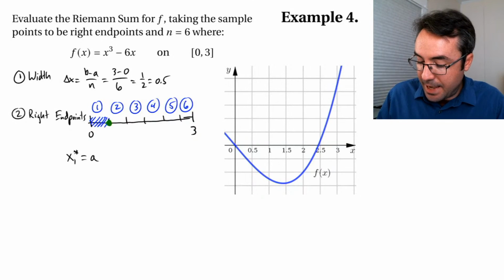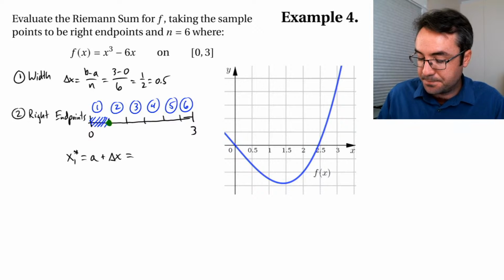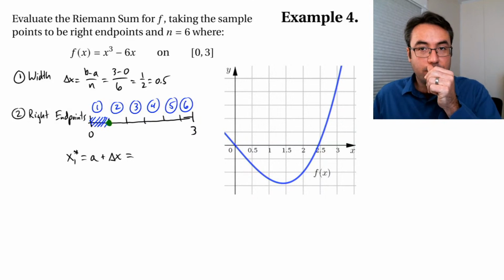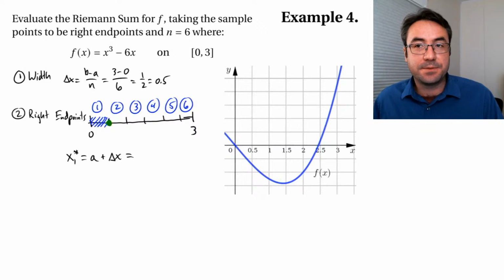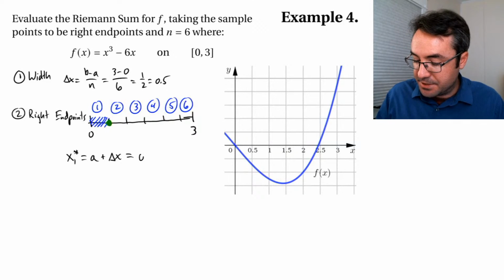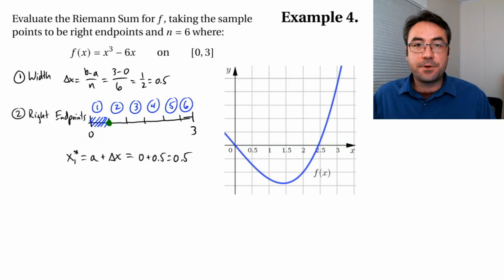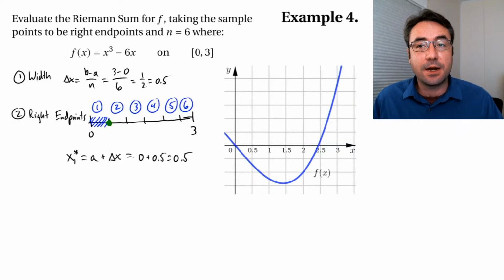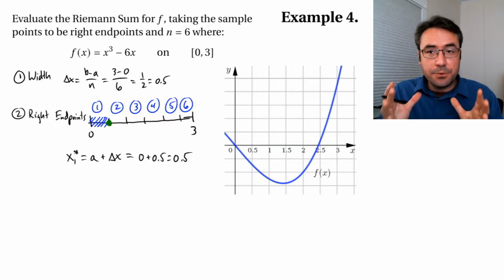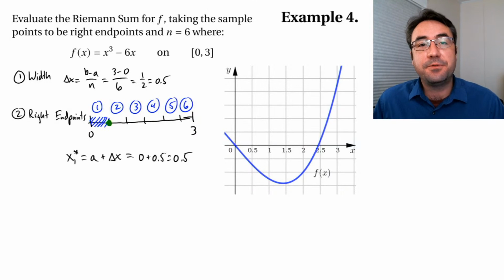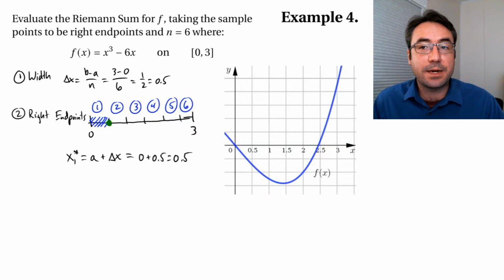Well, it's going to be a plus delta x. So that's where we start with our right endpoints. In our case, a is 0 and delta x is 0.5. So the first sample point we're going to use, x1 star, is going to be 0.5.